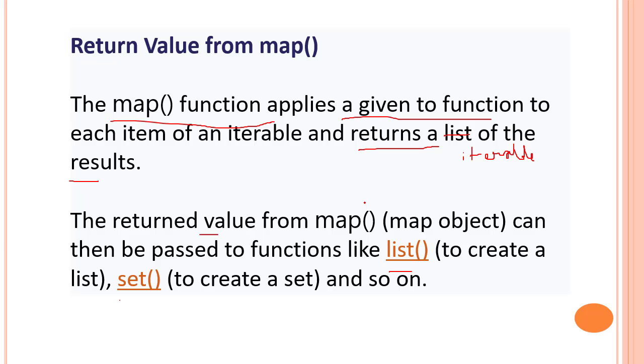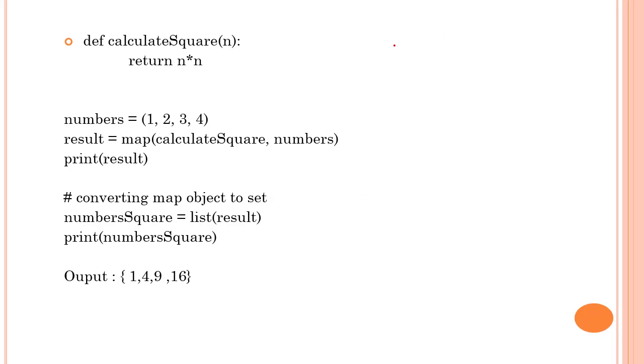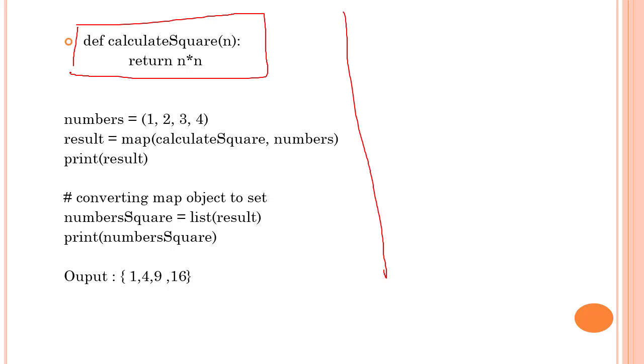Now let's look into an example of it. Again, the same problem which I talked about in the second slide, that is squaring a number. I hope we all are versed with functions right now. We have already discussed and solved a lot of deeper questions on functions.